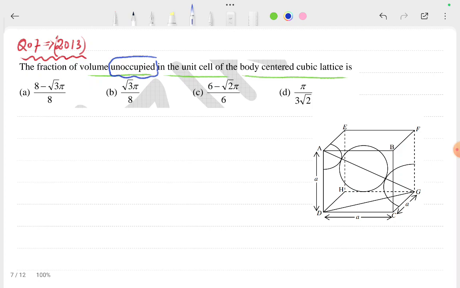Students make mistakes. So I suggest you be careful when you solve this type of problem. Easy questions have a lot of room for mistakes. In your examinations, easy questions can actually reduce your marks.